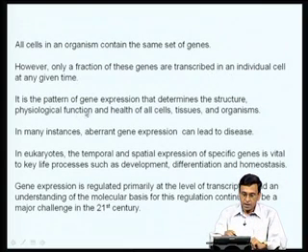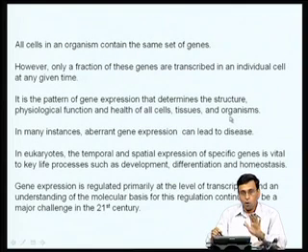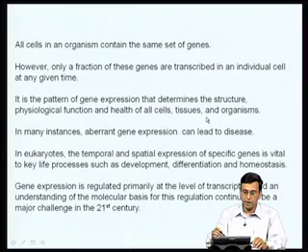It is this pattern of gene expression that determines the structure, physiological function and health of all cells and tissues in the organism. Although all the cells of our body have the same complement of genes, only some genes are transcribed while others remain silent, and this differential regulation is what is responsible for the development and differentiation of an organism.